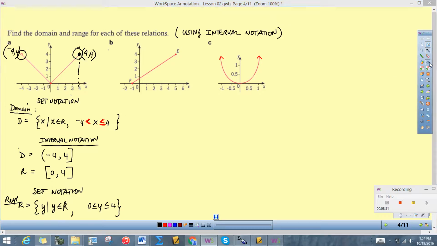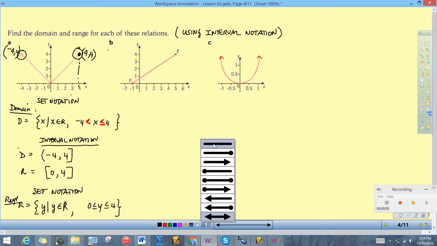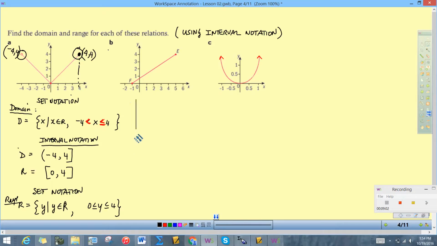Okay, so let's just do the next example, example B, whereby we are just using interval notation. Okay, so interval notation only.